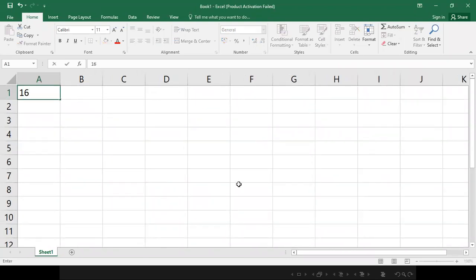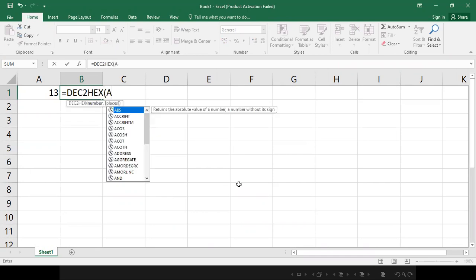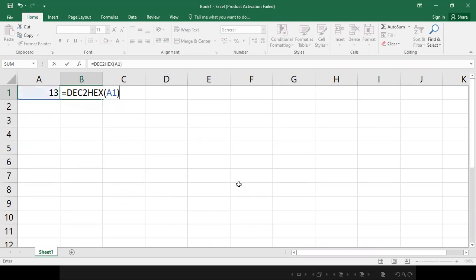I say 13 as the number. Then I call decimal to hexa, dec to hex, as the function. A1 is the input. For 13, which is A, B, C, D, I should get D as the result.